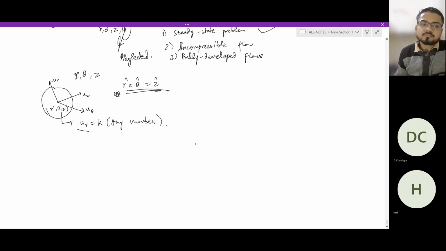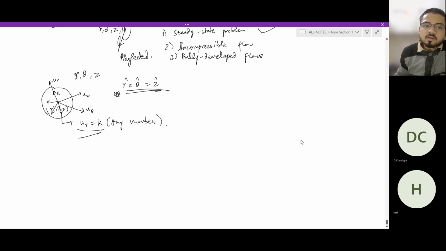If I say this, then I am assigning a certain direction to k, right? Now you see this problem is entirely symmetric. There is no difference between this r vector and this r vector and this r vector. It is a circle. So this point actually sees everything identical to its surroundings. Are you getting my point?